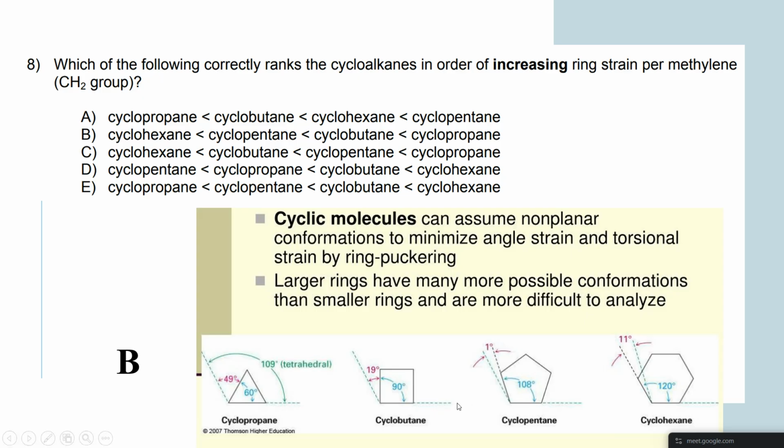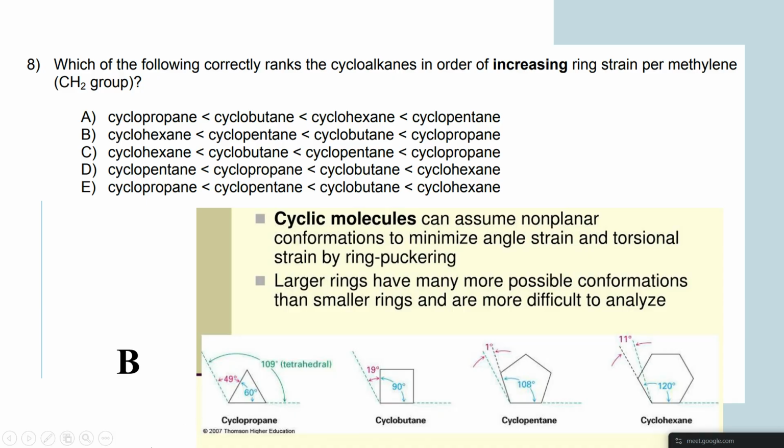If you look at the cyclopropane ring, you will see the ring angle measures 60 degrees, and it differs from the ideal tetrahedral angle of 109 degrees by 49 degrees.